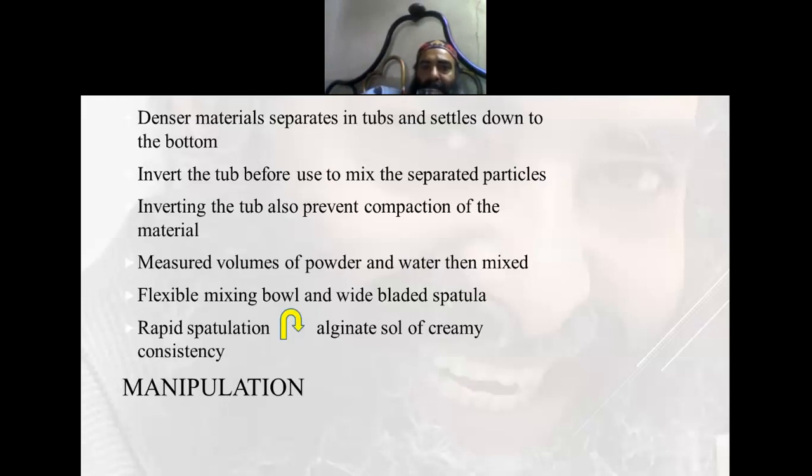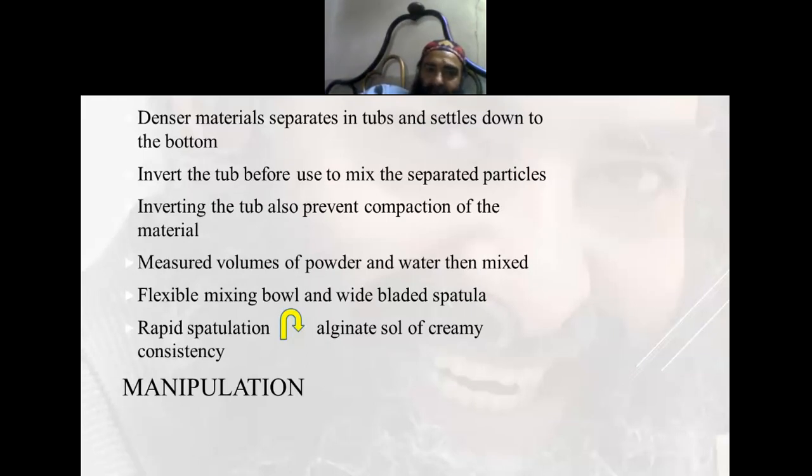Number one, the material which settles down to the bottom, and the particles present in a compact form, will be separated through this inversion. Measured volume of powder and water is then mixed.